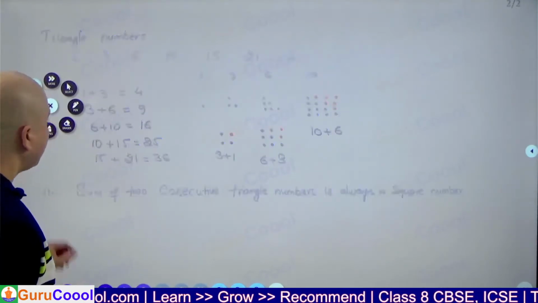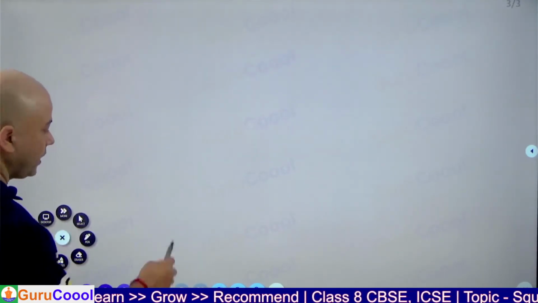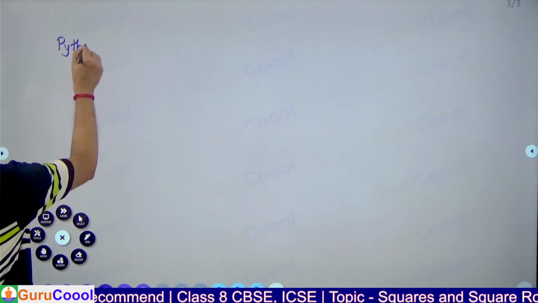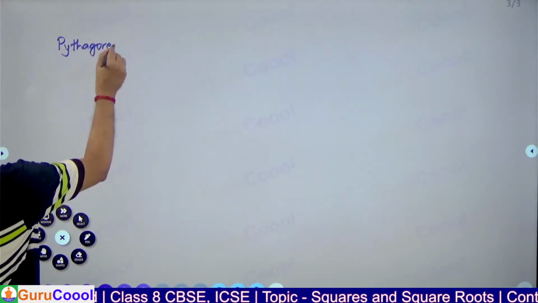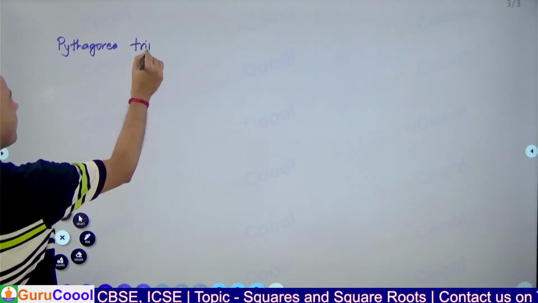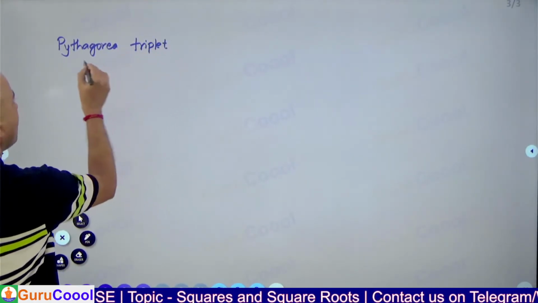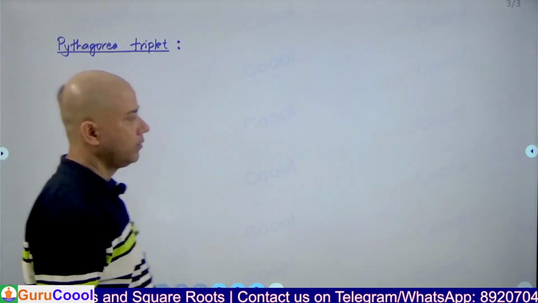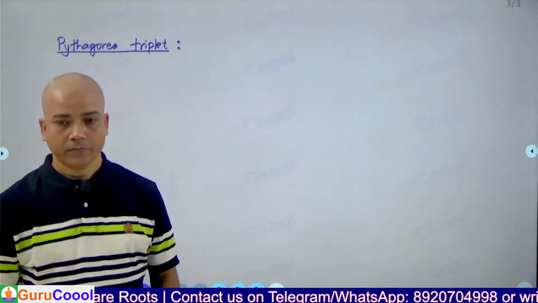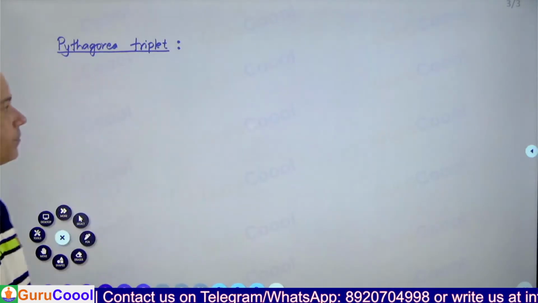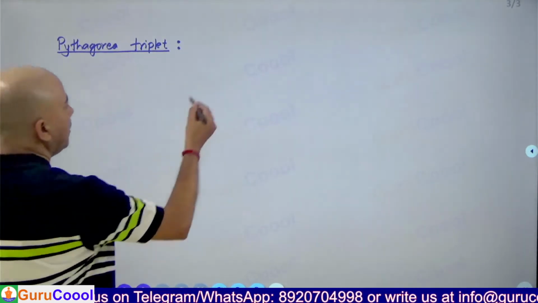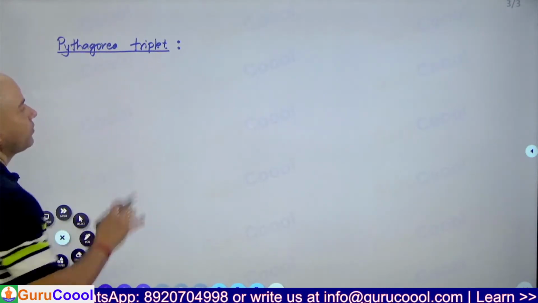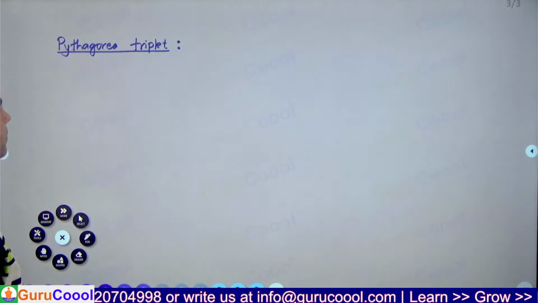I also taught about Pythagorean triplet, right? Yes, sir. Pythagorean triplet. Sir, I'm coming in 1 minute. Okay, come fast. Pythagorean triplet means group of three numbers following Pythagoras theorem.